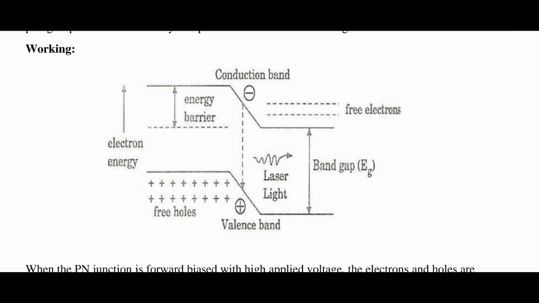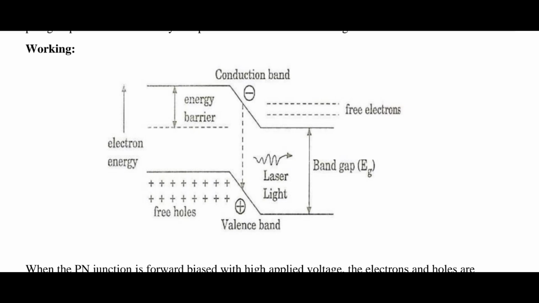The electrons and holes recombine with each other. The recombination produces more radiation, and when the forward bias is increased, more light photons are emitted and the light becomes stronger. These photons will trigger a chain of stimulated recombination, releasing photons in phase.